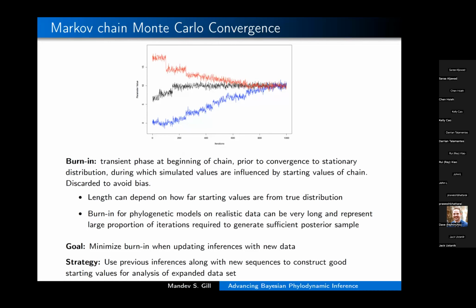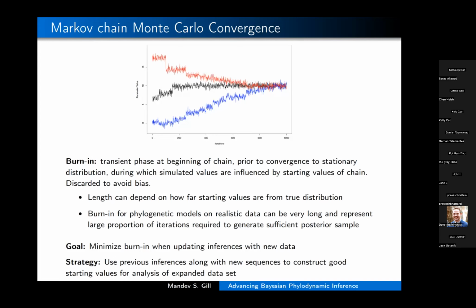And for phylogenetic models on realistic data, the burn-in can be extremely long and represent a large proportion of the iterations that are necessary to generate a sufficient posterior sample. So minimizing the burn-in could substantially reduce the computation time. And online inference represents a unique setting where this just might be possible.